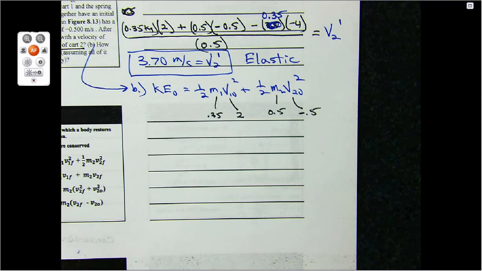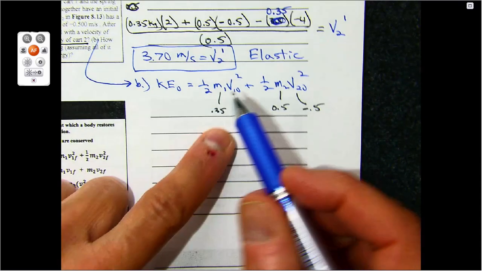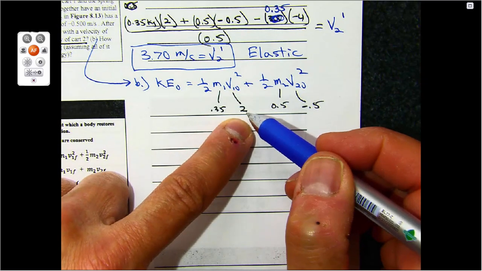Two is the initial velocity. 0.35 is M1, V1 initial is 2.